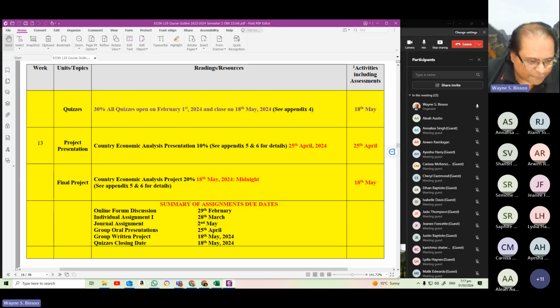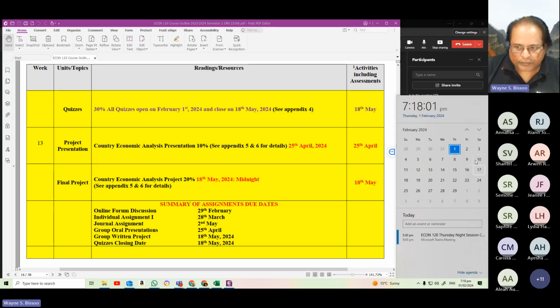Now I should have shifted the journal assignment downwards, because if any of you are familiar with this, the college actually ends classes the week of the 25th of April. You're all familiar with that, right? The classes end on the 28th of April. The following weeks after that would be your exams and that kind of stuff.